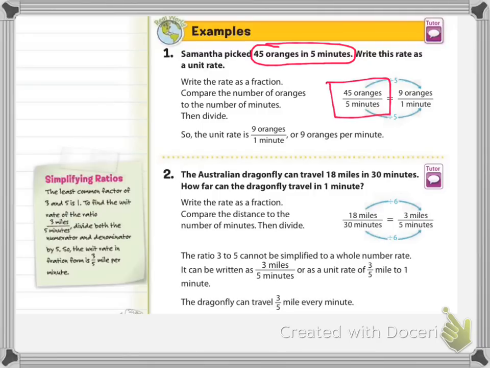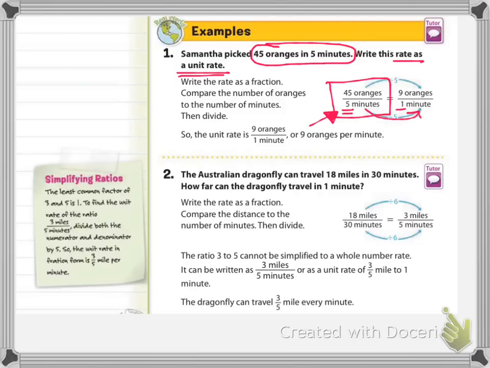Now, since it says to write the rate as a unit rate, it just meant that we need to simplify the numbers. So you're going to look at the 45 and the 5 and think to yourself, well, what number goes into both of them? Now, remember here, though, the key thing is that our denominator number has to be 1. So basically, you're pretty much always going to be dividing by that bottom number, which is 5. So 5 divided by 5 is going to give us 1.